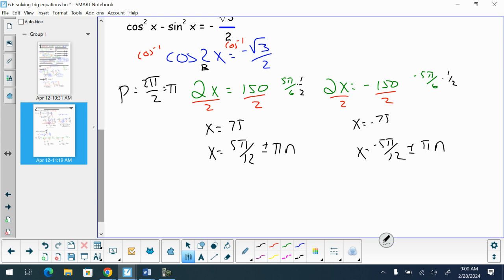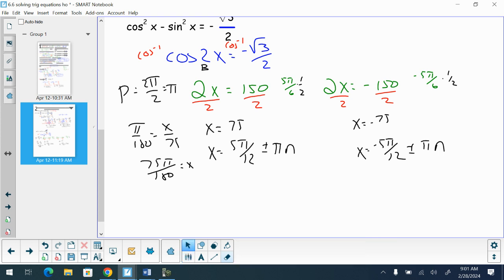And once again, if you want to take 75 degrees and then convert that back into radians, pi over 180 is equal to x over 75. Multiply by 75, we have 75 pi over 180. Once again, your calculator will reduce your fraction for you.